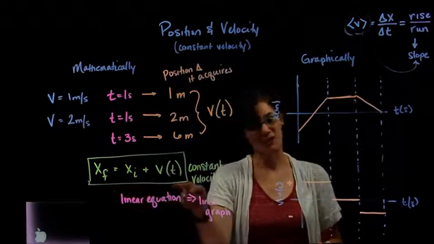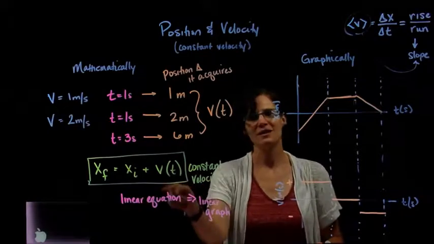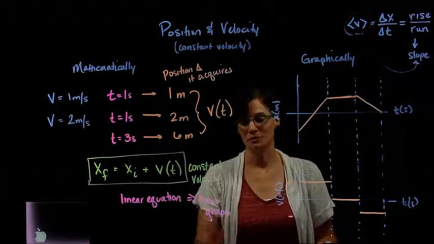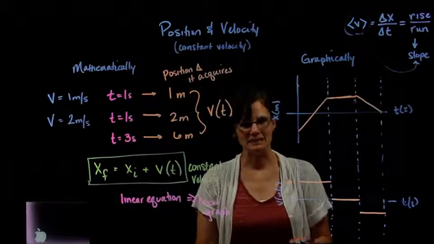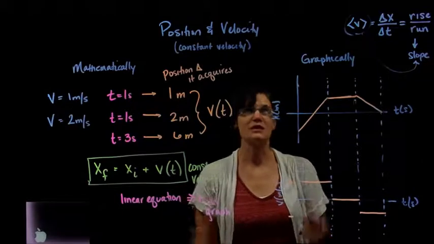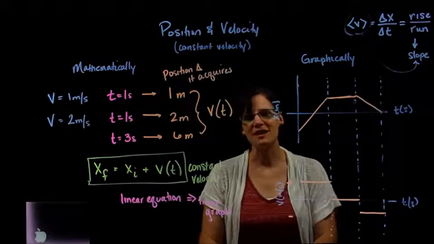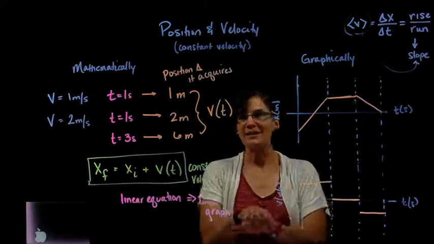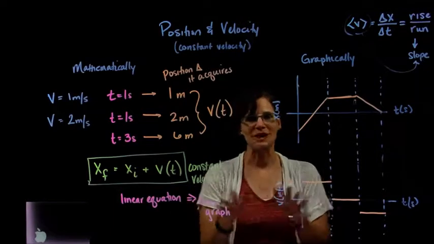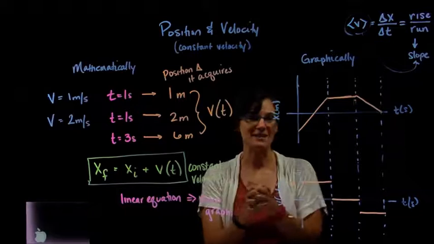Position as a function of time in my mathematical equation should also be a linear relationship, and it indeed is. All right, so this is a relationship for constant velocity, and we're going to continue to work with position and velocity if perhaps I'm accelerating.